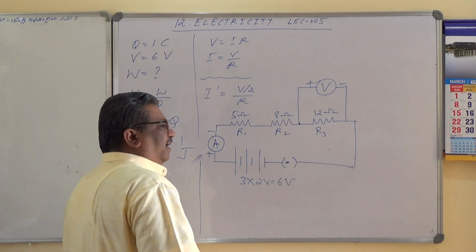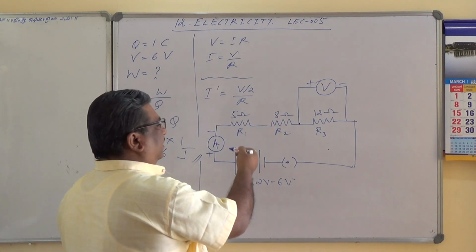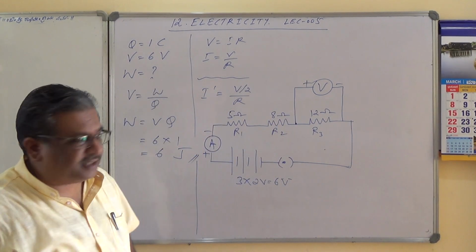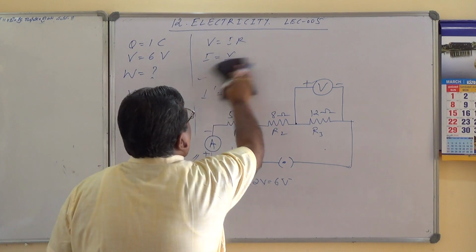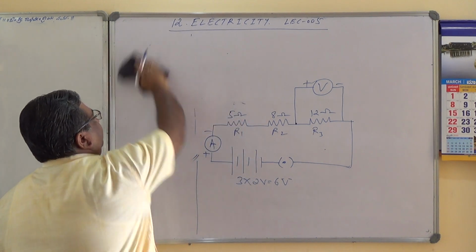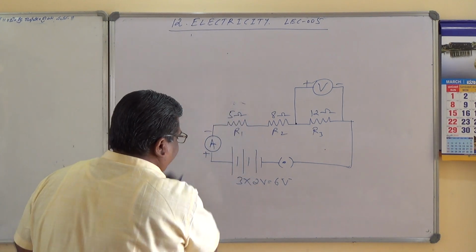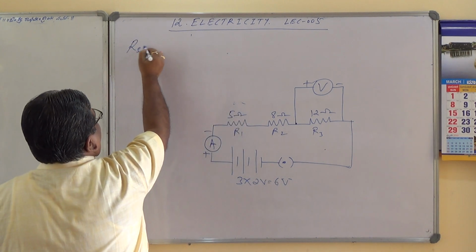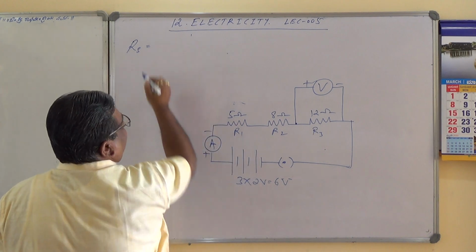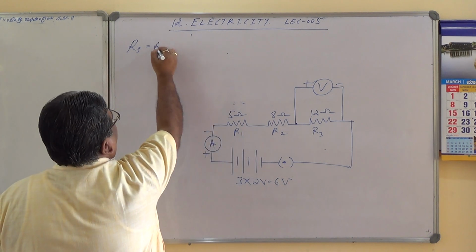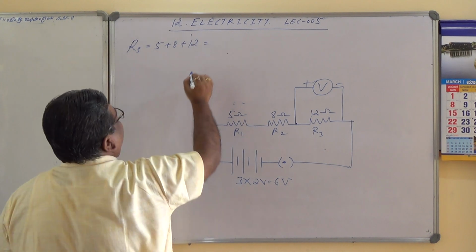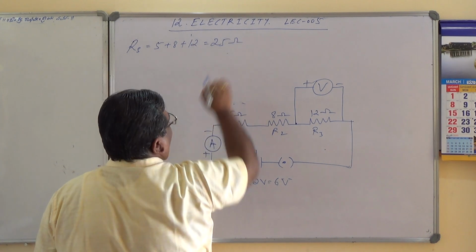So the question is, what would be the readings of the ammeter and voltmeter? Let us calculate the readings. For the ammeter reading, find the effective resistance. Let Rs be the equivalent resistance, because it is a series combination. R1 plus R2 plus R3, 5 plus 8 plus 12, equals 25 ohms.